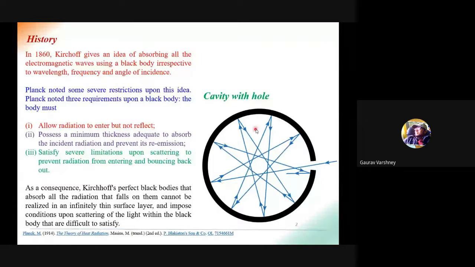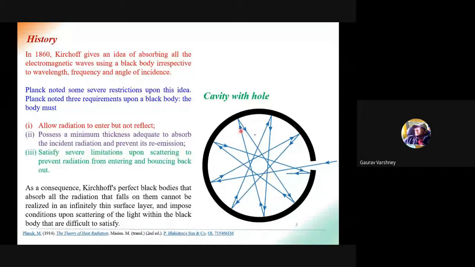After multiple reflections from the inner surface, all the waves created are superimposed on each other, and finally the whole energy is absorbed. And you can check it out: there is no reflected back signal. This is the important thing. So this is the kind of black body that we can say here.